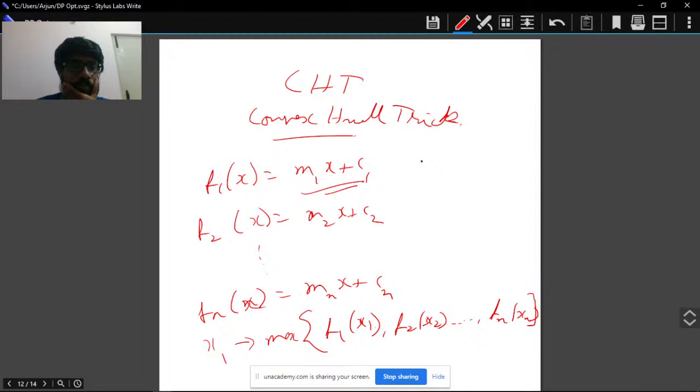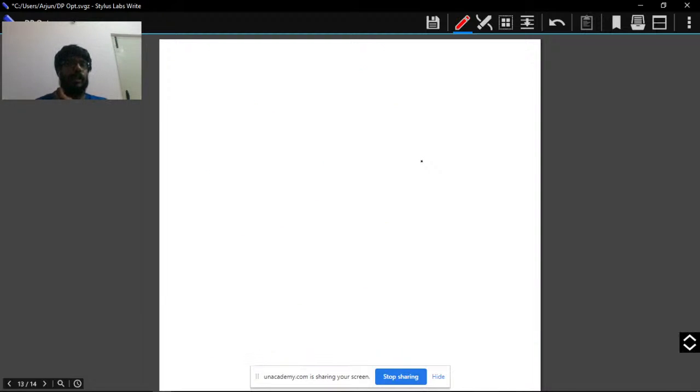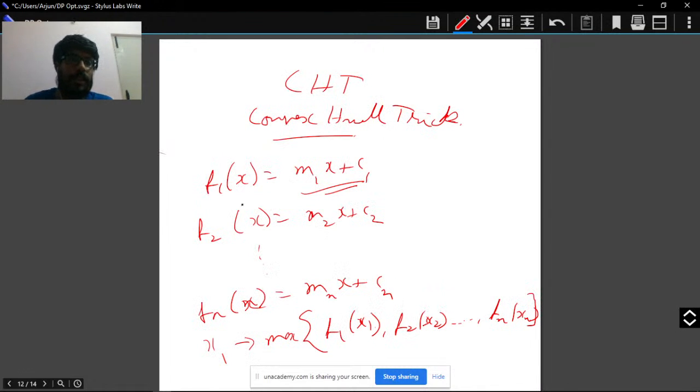So the first step is to start thinking in a geometric sense. These are all functions, but of course you can think of these as equations of a line, just because I've written them in that form.